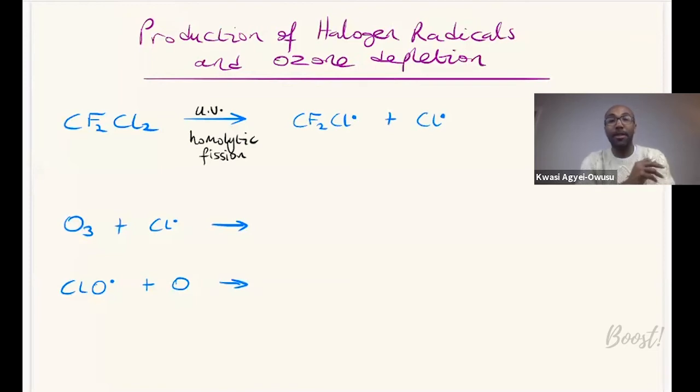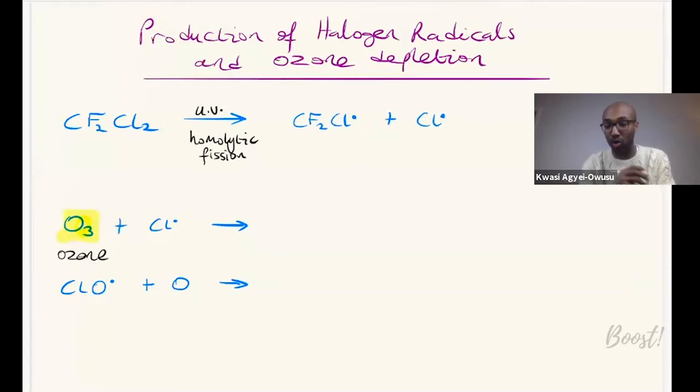Okay, so the species we want to pay attention to is the chlorine radical that we've just formed, because it will act as the catalyst for the depletion of ozone in the upper atmosphere. So in the next equation that I've got half written, your chlorine radical is going to be reacting with ozone. Ozone is this O3 molecule shown here. We label that as ozone.